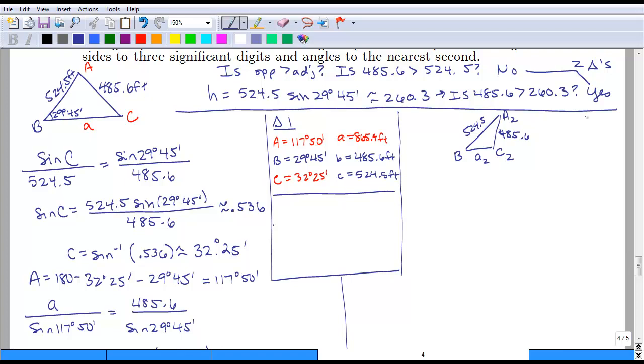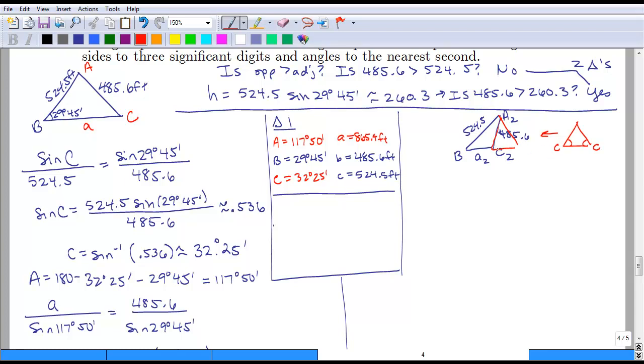Now, if you remember, we ended up with this isosceles triangle where this angle here, which is C, is going to be this angle here, which is C. And this fits in right here.